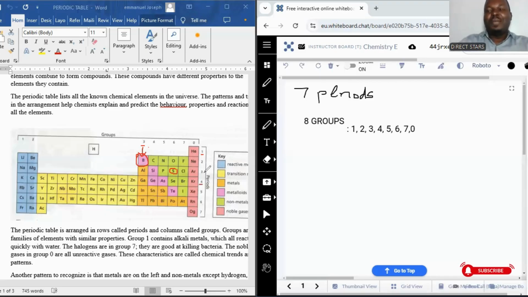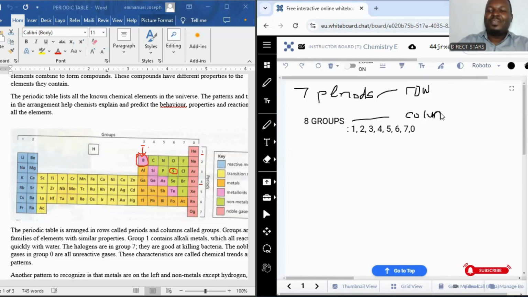So if you want to determine the group an element belongs to, or the period an element belongs to, you simply just have to look for the column the element is located in and also the row. Okay, so remember the row indicates your period, okay, and then the column represents your group.